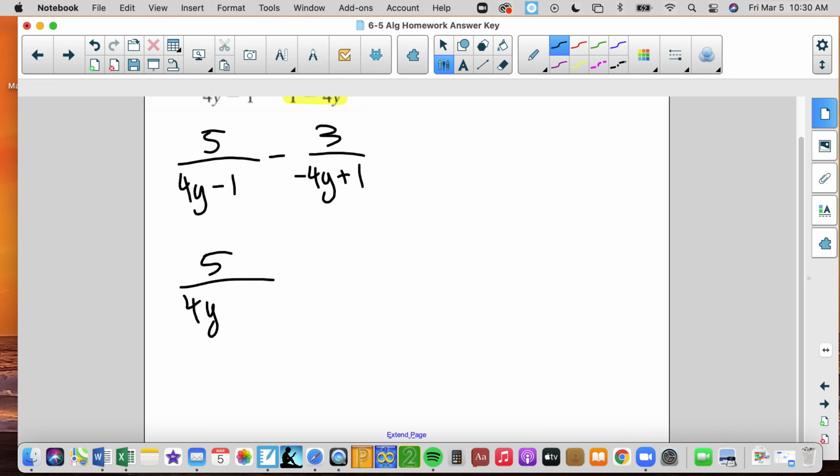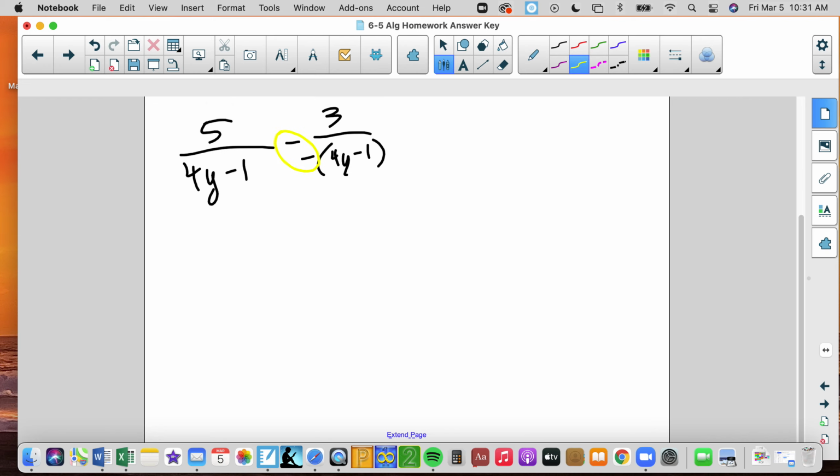You have 4y minus 1 minus 3 over the opposite of 4y minus 1. And now I'm going to take those two negatives and I'm going to combine them. And a negative and a negative make a positive. So I get 5 over 4y minus 1 plus 3 over 4y minus 1. That sign just turned into that sign.